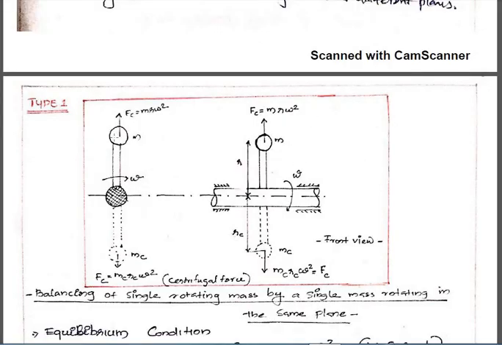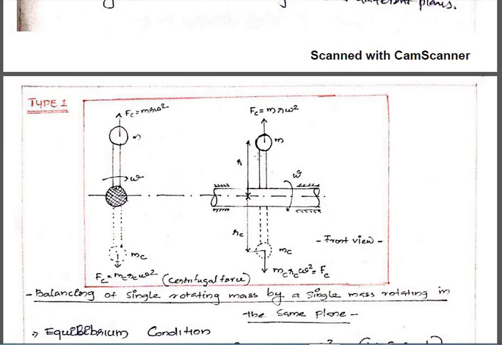Okay, so this is the first type. If there is an unbalanced mass m at a radius small letter r, and the shaft is rotating at angular velocity omega, the unbalanced force is m r omega square. To balance this system, the dotted line represents the counter mass. We will place another mass mc at a radius rc. So the force Fc is equal to mc rc omega square.